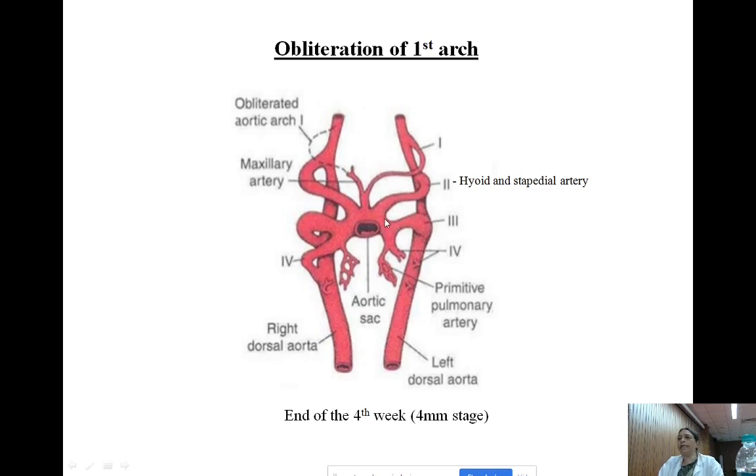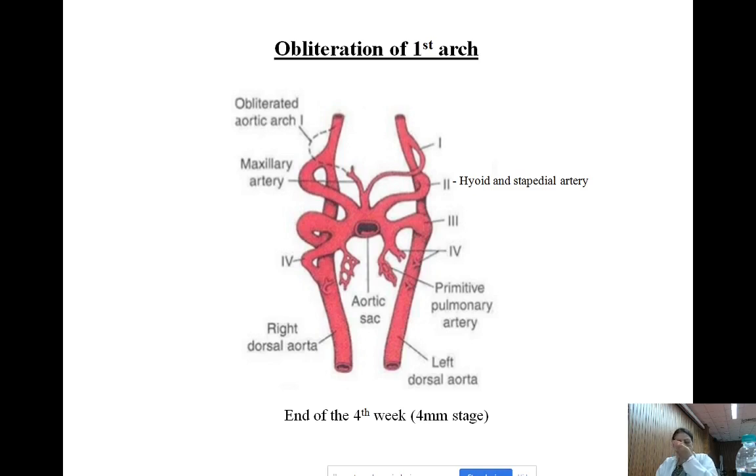obliterated. The second arch will also be obliterated, but they have not shown that one. The third aortic arch is larger. The fourth aortic arch is also developing. And the sixth aortic arch will develop from the dorsal part of the aortic sac because the aorticopulmonary septum will be formed.